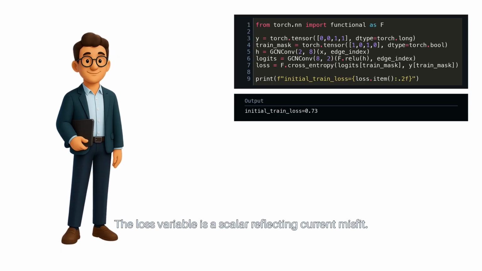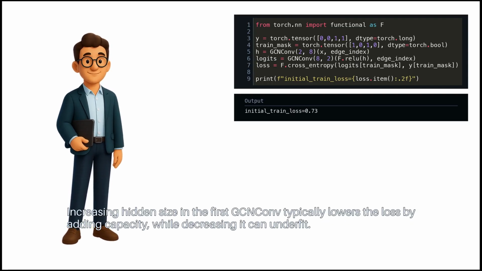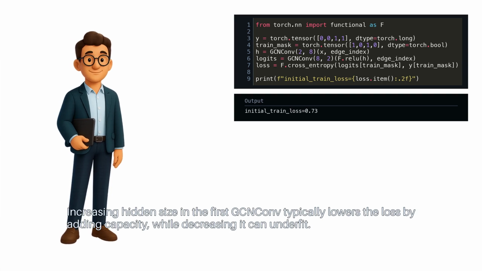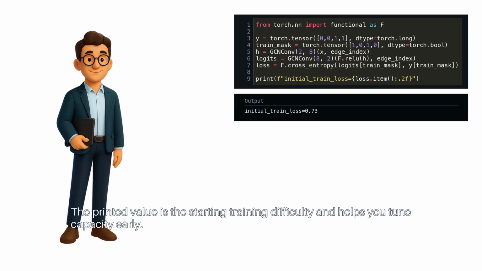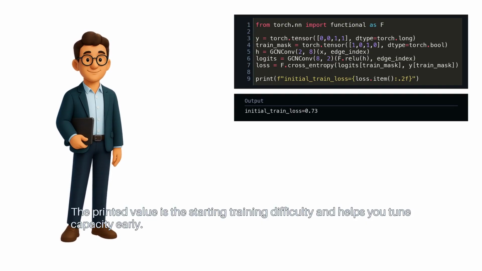The loss variable is a scalar reflecting current misfit. Increasing hidden size in the first GCNConv typically lowers the loss by adding capacity, while decreasing it can underfit. The printed value is the starting training difficulty and helps you tune capacity early.